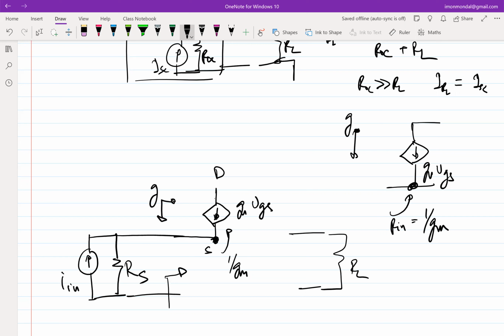If this is the case and something, let's say, is connected at the drain, it's not open. Let's say something is connected. What fraction of the current will flow in? Or rather, now you don't even have to go into the fraction. You can just tell me what proportion of the current I in will go in. They essentially mean the same thing. This will be I in times something, or the entire I in will flow in.